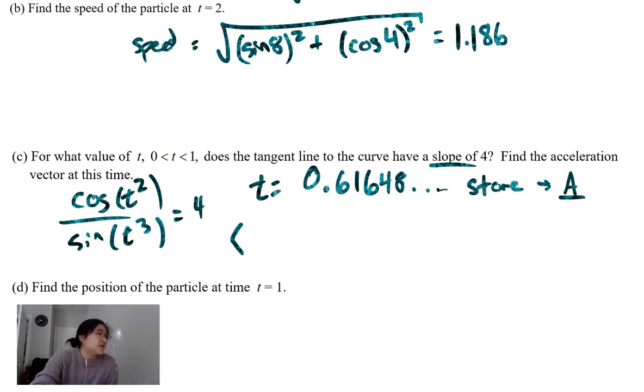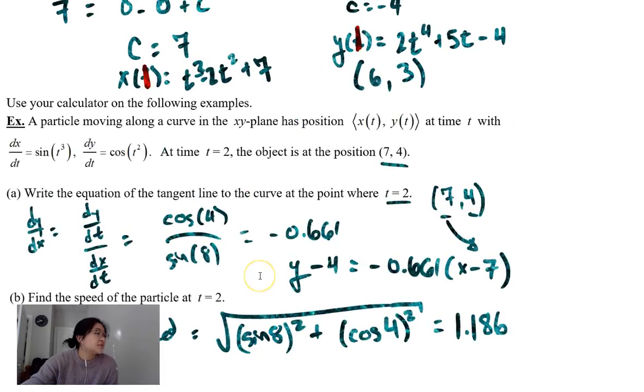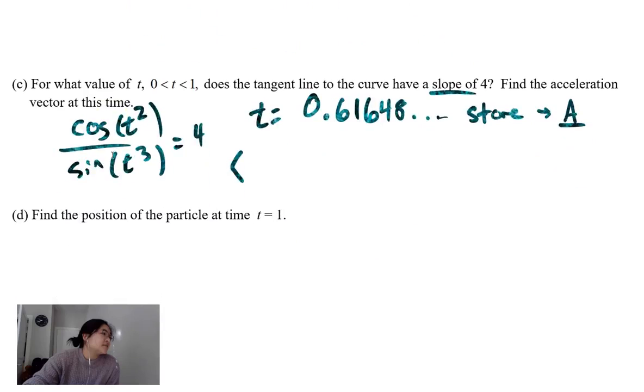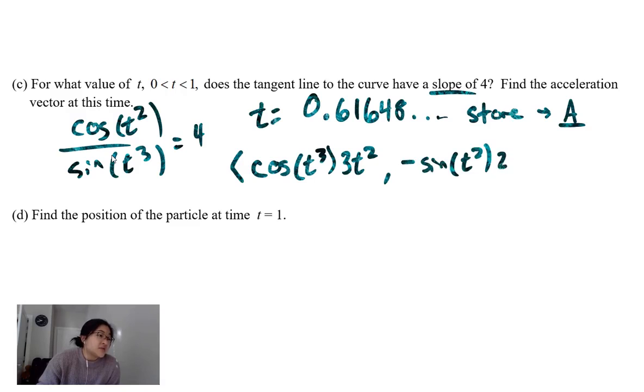So our x component is going to give us cosine of t cubed times 3t squared, and our y component is going to be negative sine t squared times 2t. And then evaluate that at this t that we solved for.